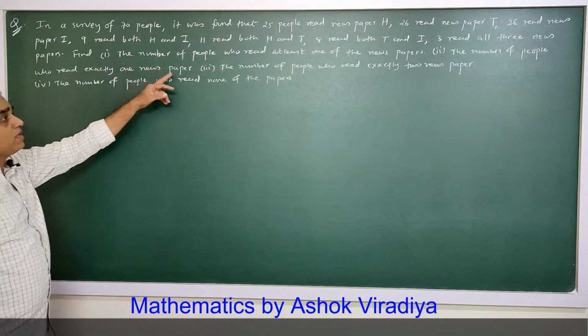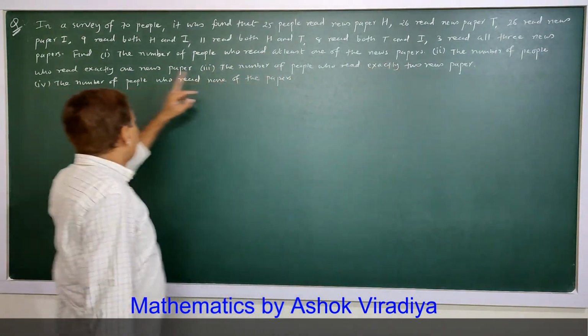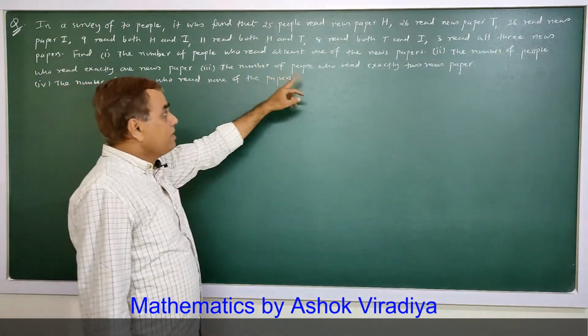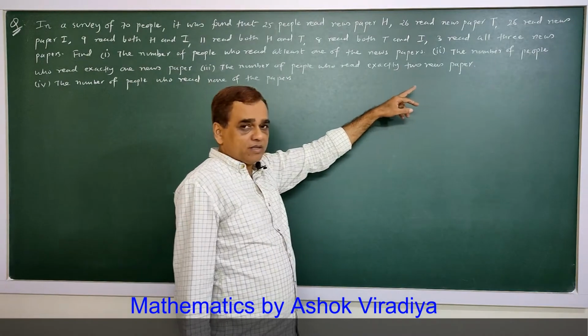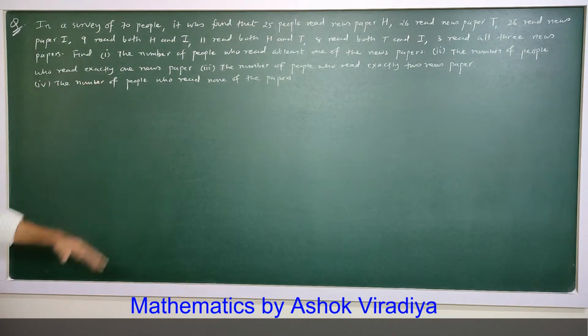Find the number of people who read at least one of the newspapers, the number of people who read exactly one newspaper, the number of people who read exactly 2 newspapers, and the number of people who read none of the papers.